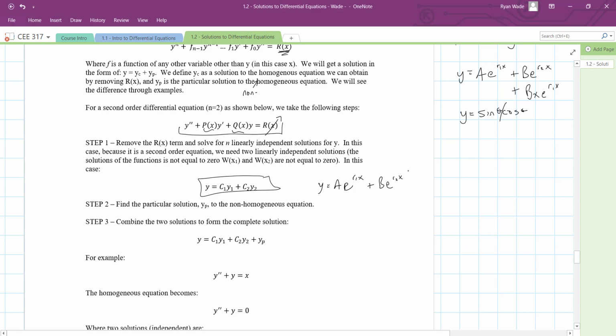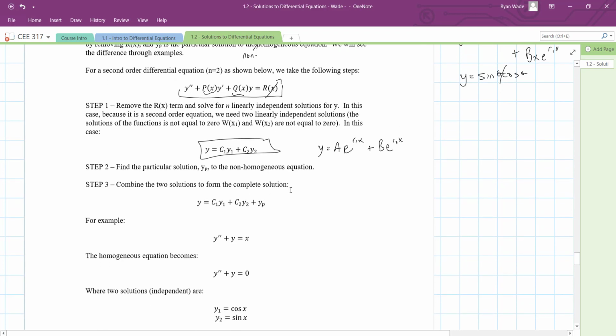If they're not constants, we have to find a solution to that, and I'll get down to that later. So the first thing we do is find the solution to the homogeneous equation, and then we can go on and calculate a particular solution to the non-homogeneous equation.